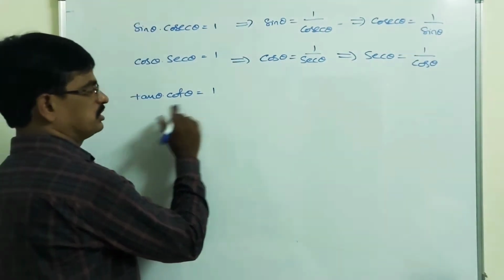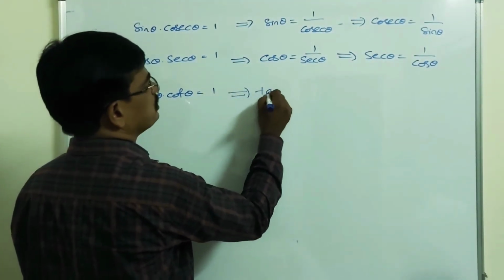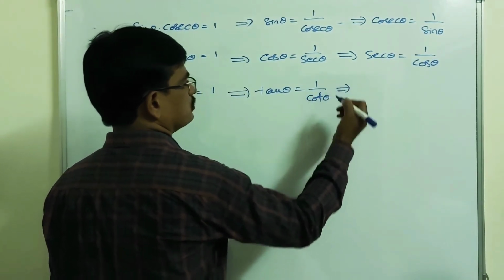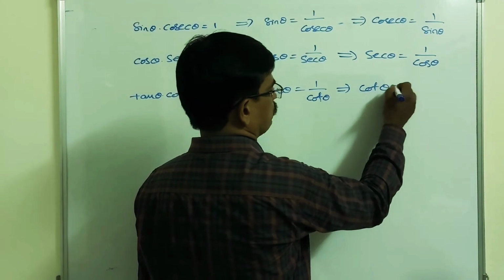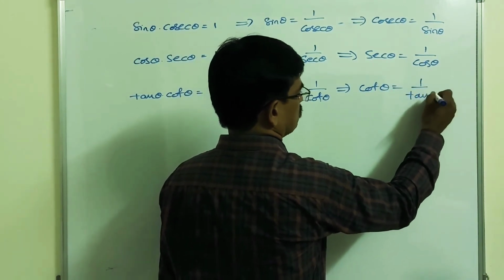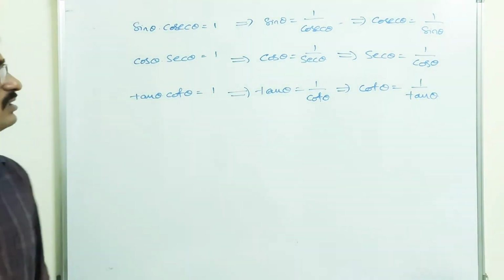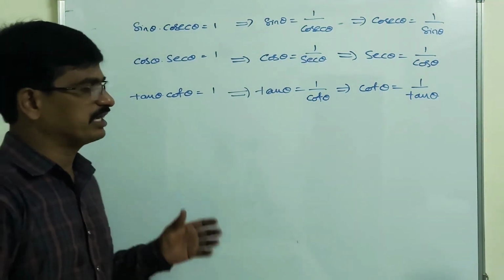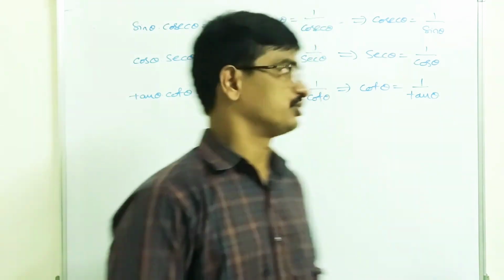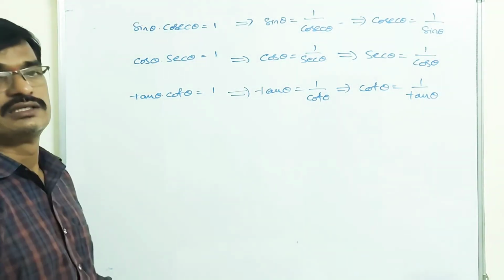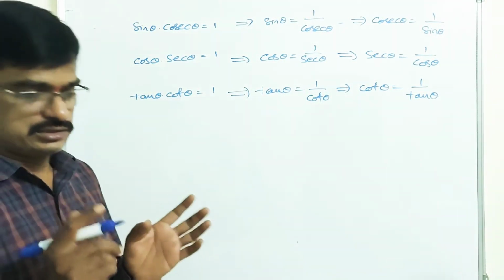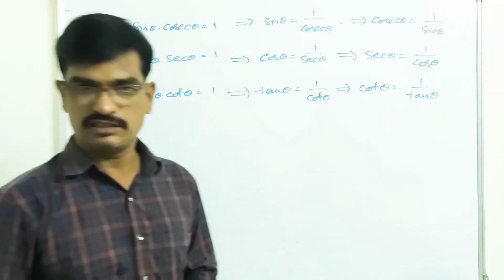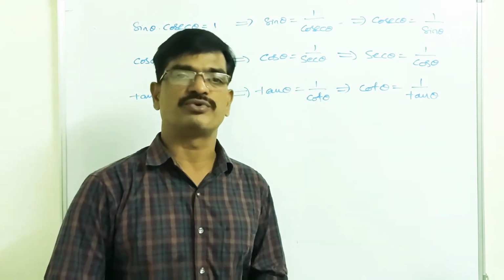Here, tan theta into cot theta is equal to 1. That is, they are reciprocal to each other. Similarly, tan theta is equal to 1 by cot theta, or cot theta is equal to 1 by tan theta. So this is the way we can define all 6 trigonometric ratios. Sin theta is equal to opposite side by hypotenuse. Cos theta is equal to adjacent side by hypotenuse.